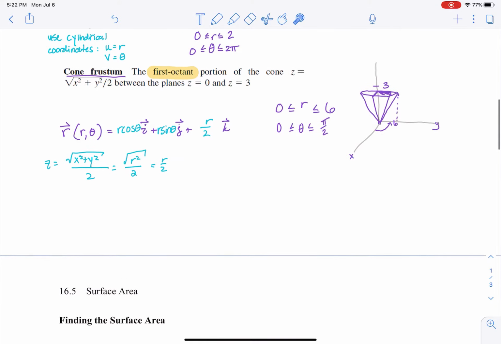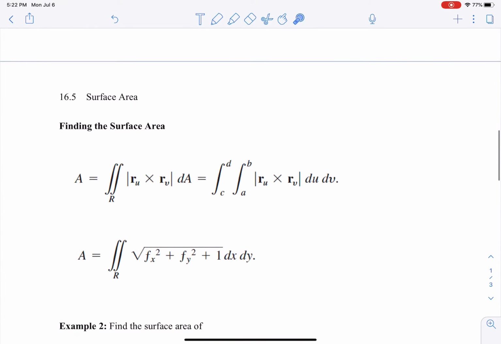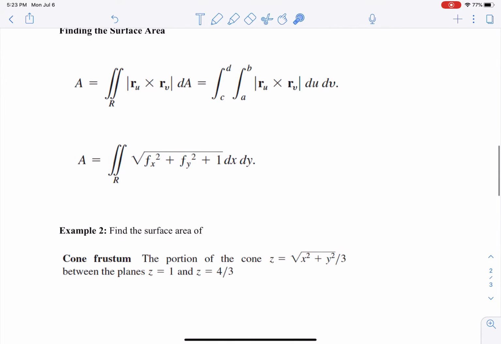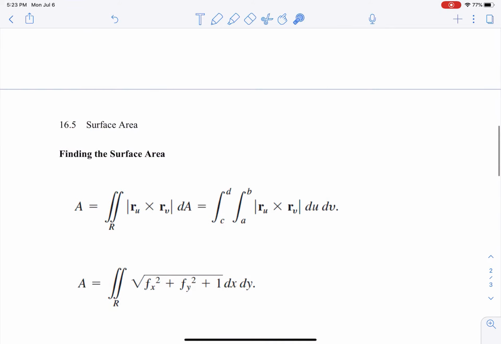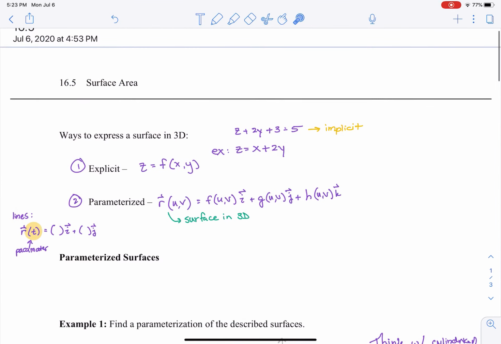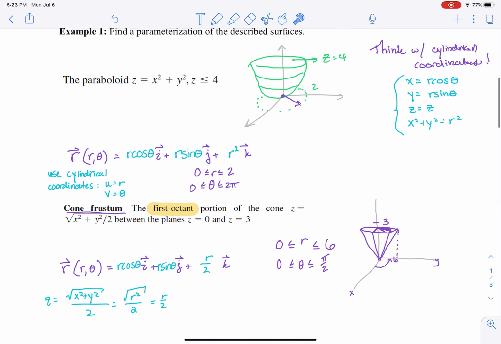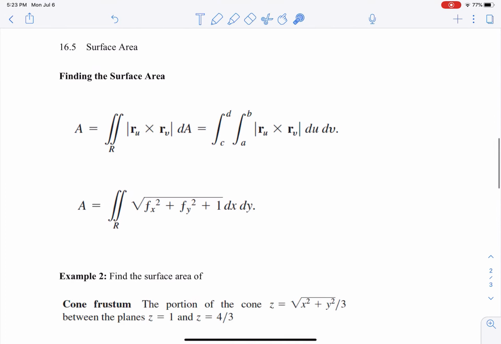Okay, perfect. So now we're going to look at the calculus portion of this, which is applying double integrals to find surface areas of these parameterized or explicitly defined surfaces. And so, just like we had two ways of expressing surfaces, we also have two corresponding formulas for finding the surface areas of different portions of these surfaces.